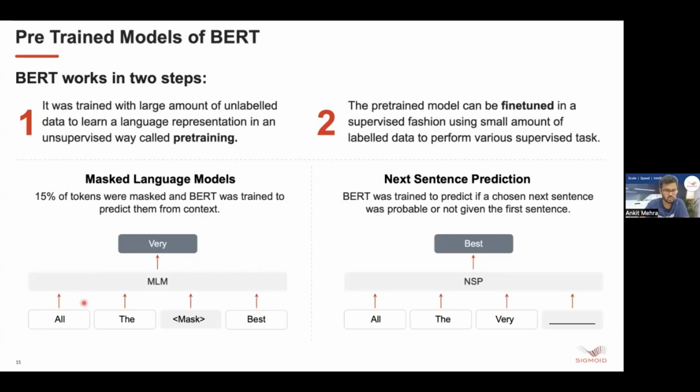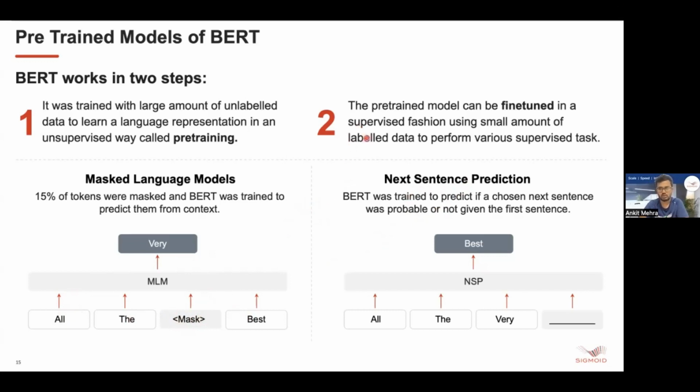So basically, we mask the words, and with the help of other words, we try to predict what would be the suitable word for the masked position. And the second one is next sentence prediction. So here, for a sequence of sentences, we try to see if those sentences are related. We have covered these concepts in our previous video. Refer to those videos for better understanding.